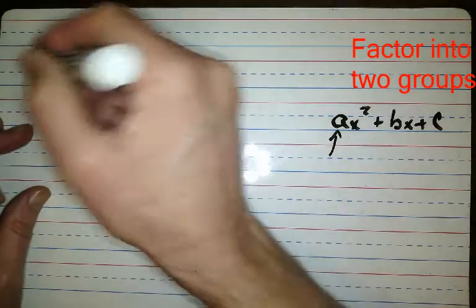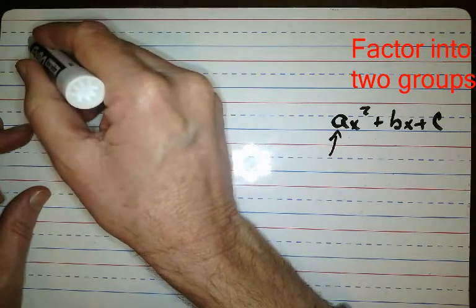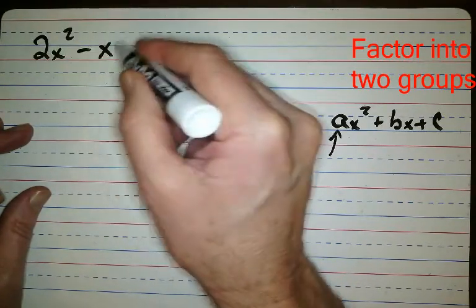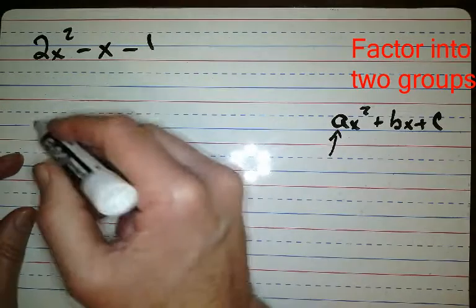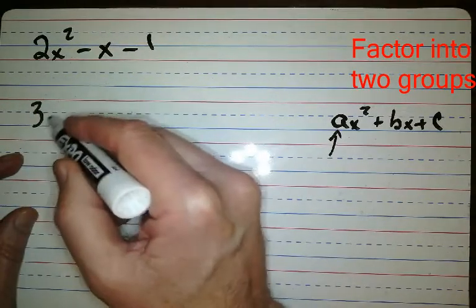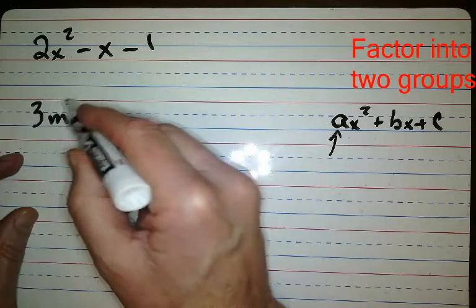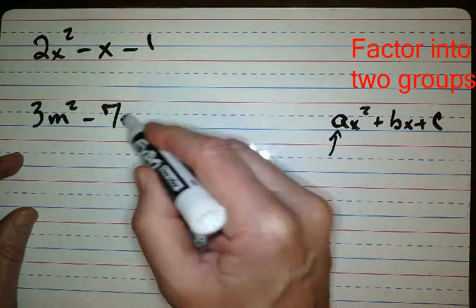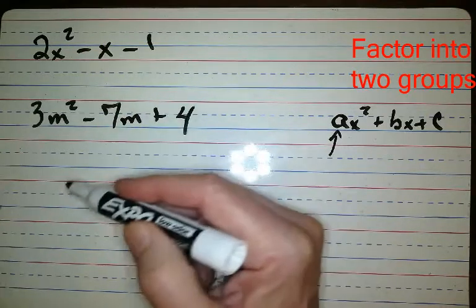So let's look at 1. Well, let's look at 4. Let's see, 2x² minus x minus 1. How about 3m² minus 7m plus 4.